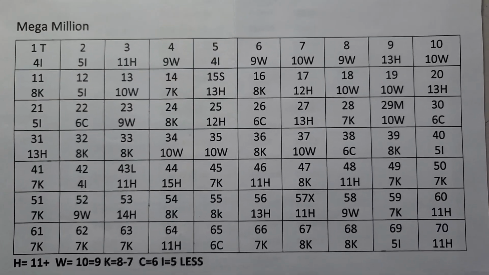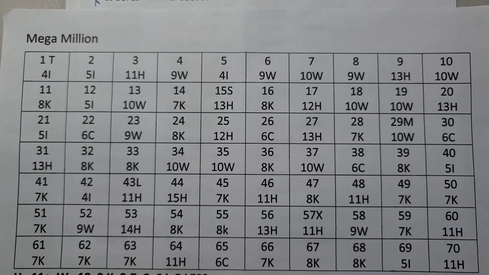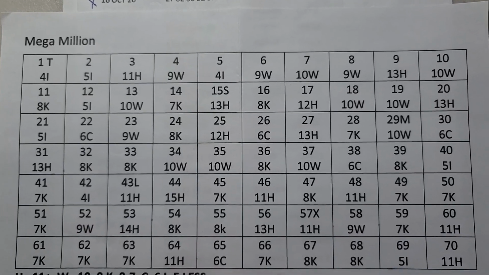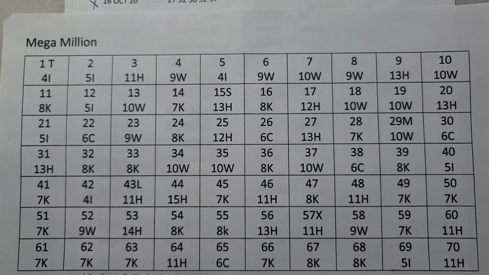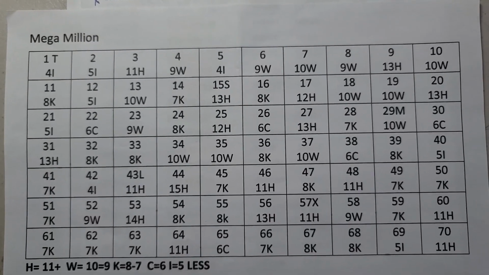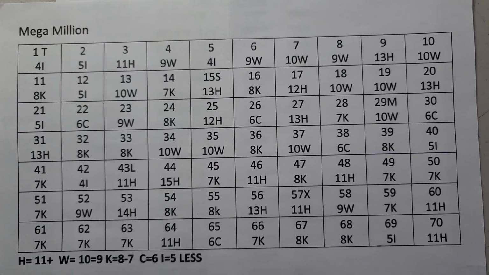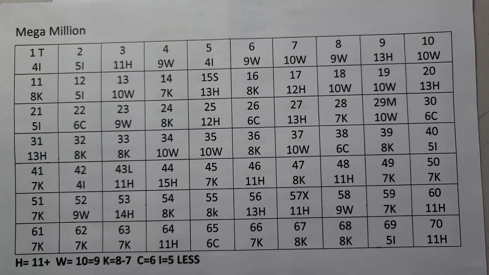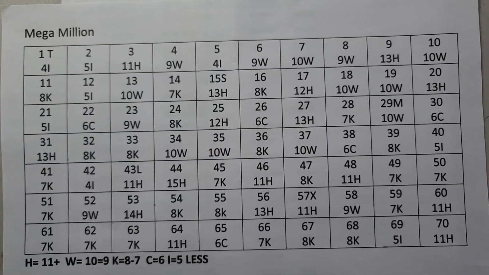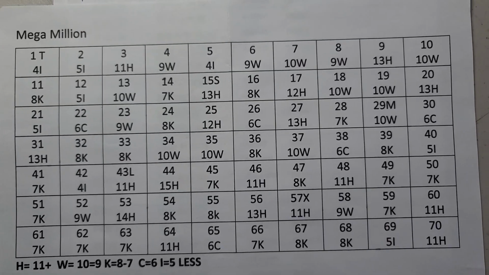So to start off, to create this number grid, what you need to do is look at the lottery's past history, and you can get that by just going to the main site for the Mega Million or Powerball or whatever lottery you want to play, and just look for past history or past draws, and click it. I like to use the last 100 draws to gather enough data to make this valid. Okay, at least give me enough data to make comparisons.